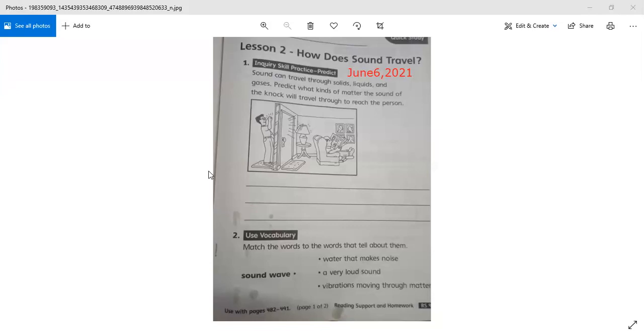Okay, Kinda? Do you have the science book with you? Yeah. Okay, so let's start.